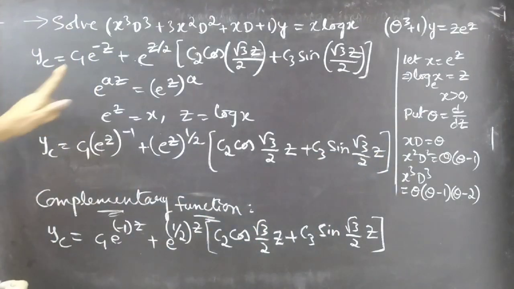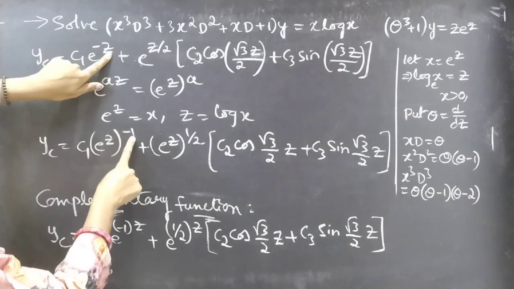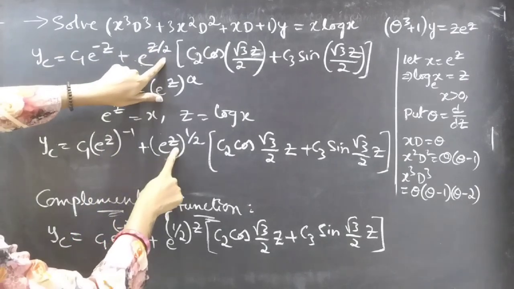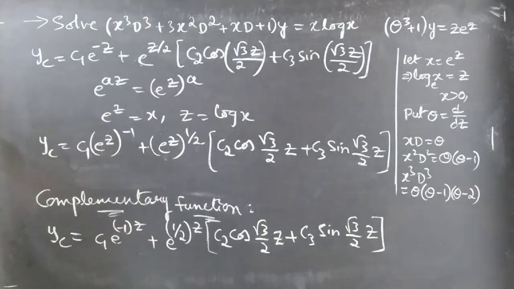Or from here you can write e power minus z as e power z power minus 1 plus e power z by 2 as e power z whole power 1 by 2, because here a is 1 by 2, right?